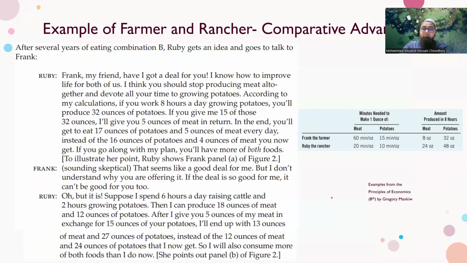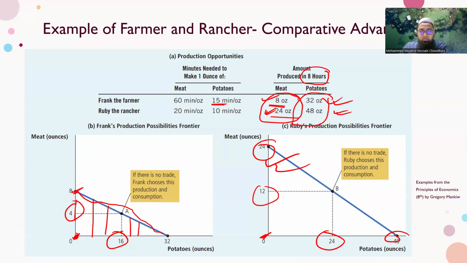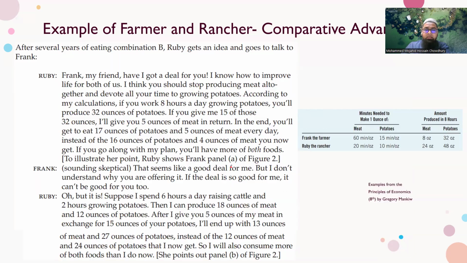So let's read the case. After several years of eating combination B, which means the 50%, 50% split, Ruby gets an idea and goes to talk to Frank.